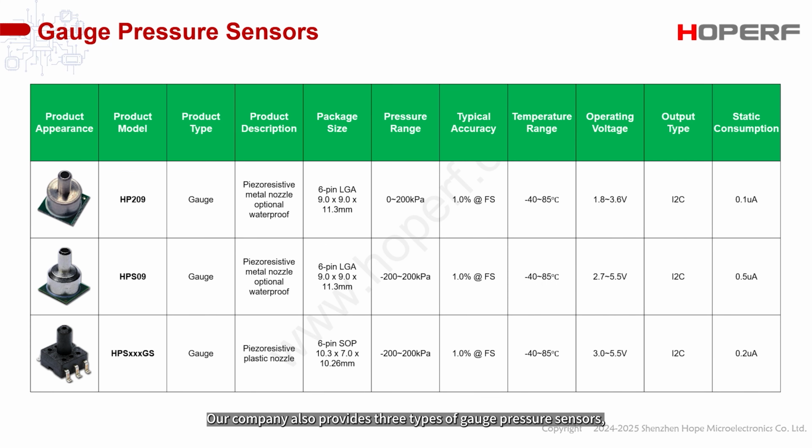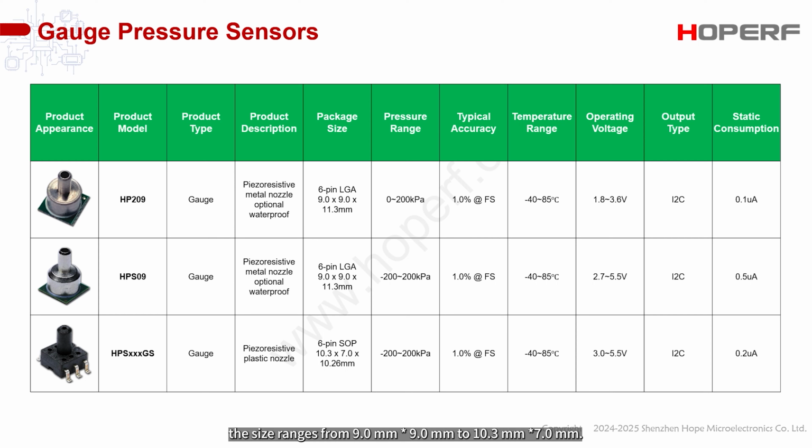Our company also provides 3 types of gauge pressure sensors. The product is available with metal nozzles and plastic nozzles. The size ranges from 9.0 mm * 9.0 mm to 10.3 mm * 7.0 mm.